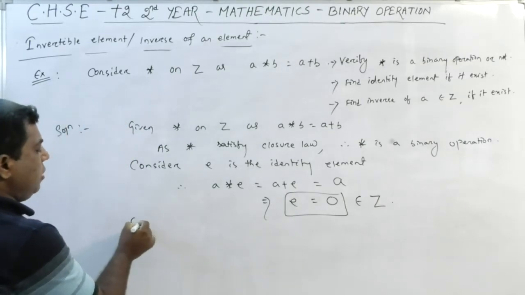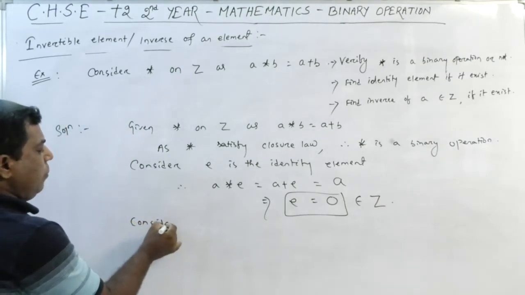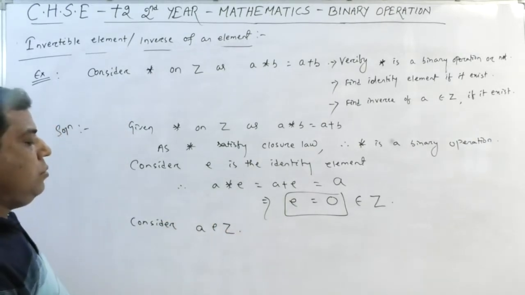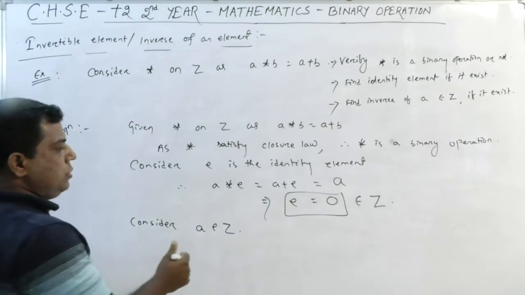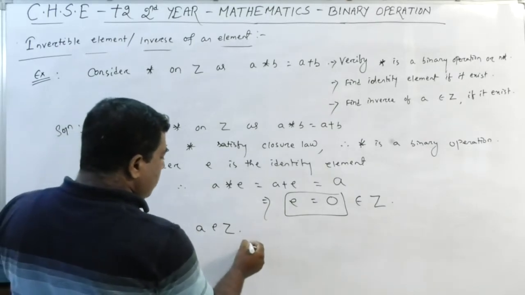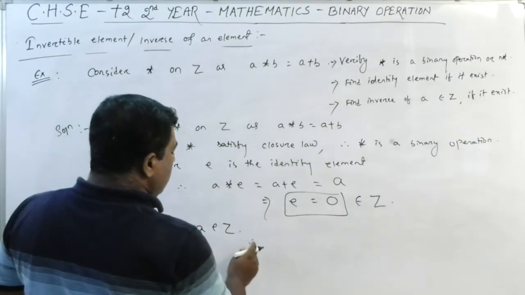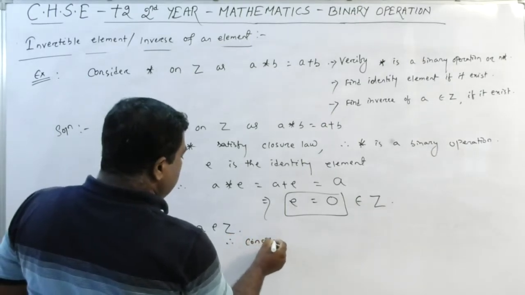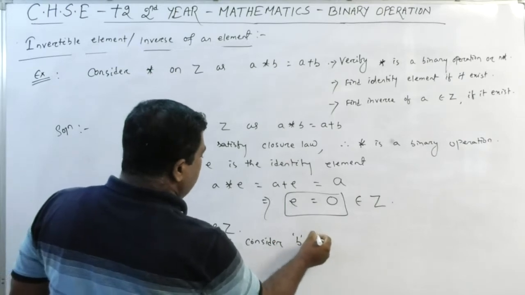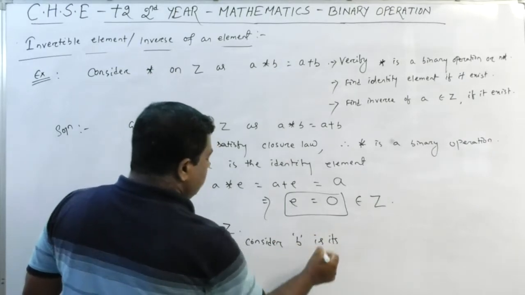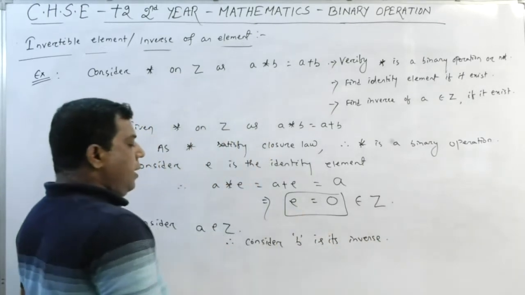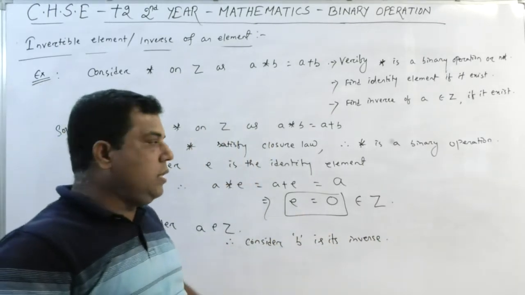Consider A belongs to Z. If A belongs to Z, therefore consider B is its inverse. So in a generalized way, we are saying that B is its inverse.